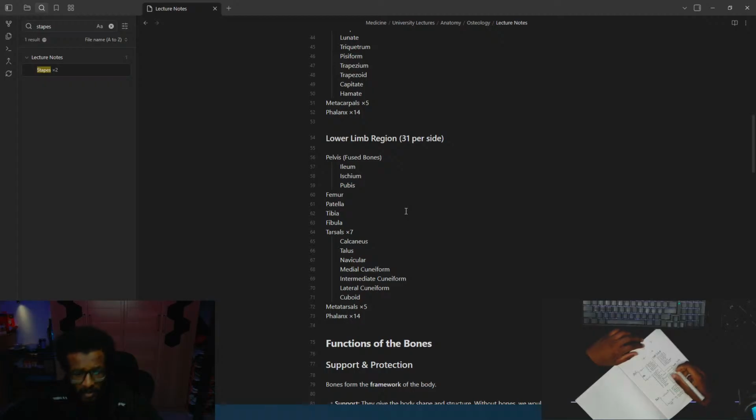Okay. Anyway, got the femur, longest bone in the body. Patella. And then you've got the tibia and the fibula.